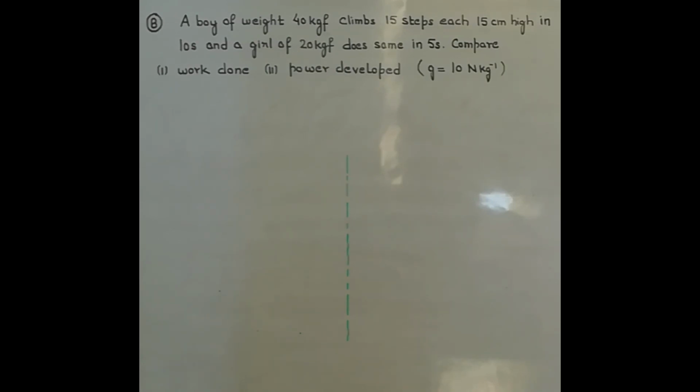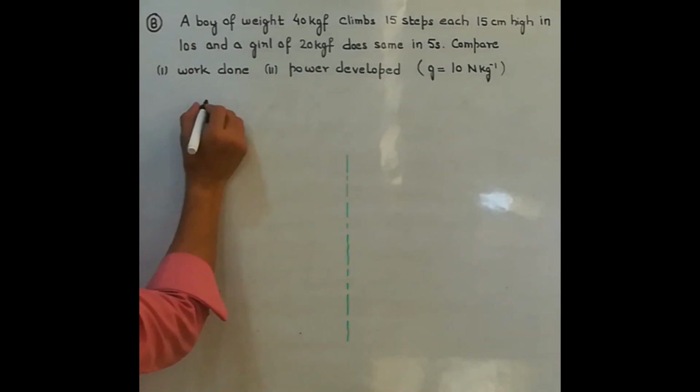Question number 8 says a boy of weight 40 kgf climbs 15 steps, each 15 centimeter high. So let us calculate the height that he gains.